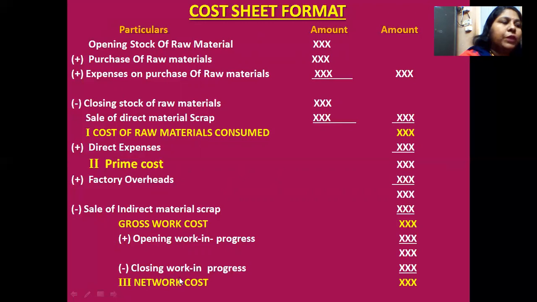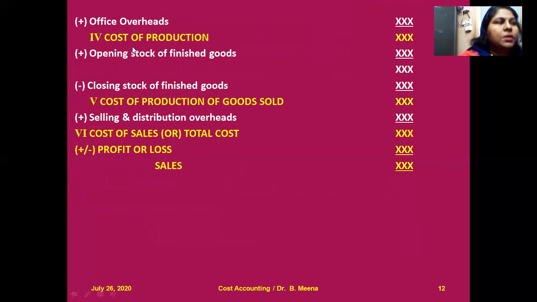When you will have the split up means when you have the information about the work in progress. The next part of the cost sheet is cost of production. And the fifth part of the cost sheet is cost of production of goods sold. The final part of the cost sheet is cost of sales, or it will be called total cost. Once I know the total cost, I will add my margin of profit. Then I'll find out what is my sales.